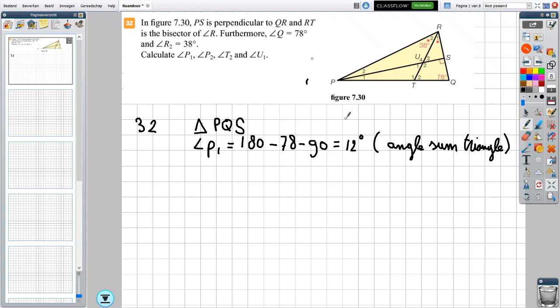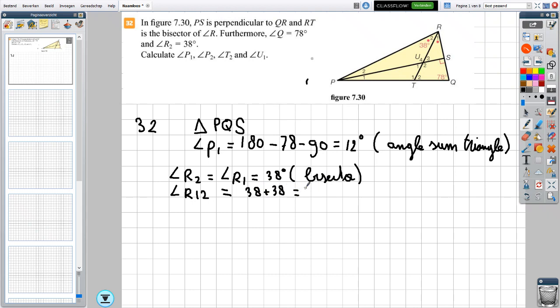How are we going to calculate angle P2? Okay, I already see one. What I'm going to use right here is, I'm first going to write down that angle R2 equals angle R1 equals 38 degrees. Why? Because of the bisector. Then I'm going to write down that angle R12, so those two together, should be 38 plus 38, which is going to be 76 degrees.